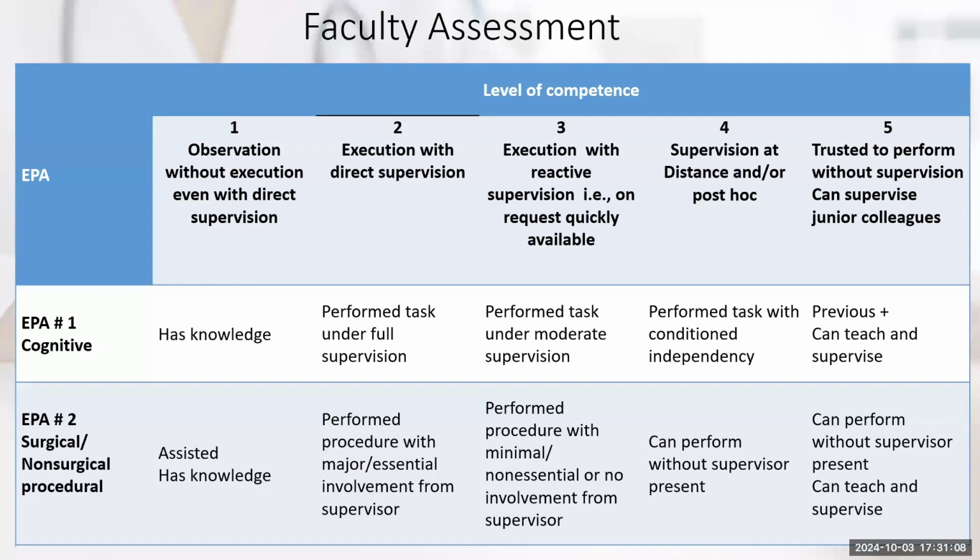Okay? So the faculty assessment has to have in mind the levels of competence: on the cognitive and non-surgical side, having knowledge and performing tasks under full supervision or with full involvement; in the surgical, under moderate supervision or with non-essential involvement in surgery; performing tasks with conditional independence or without the supervisor present, at the side, or they will see the event tomorrow, the oversight.